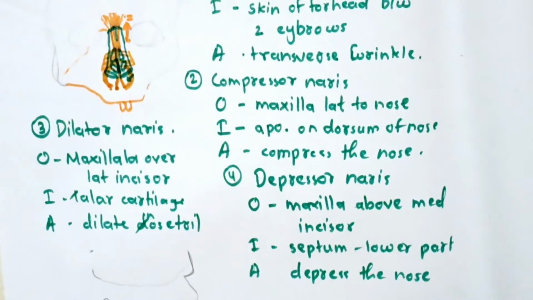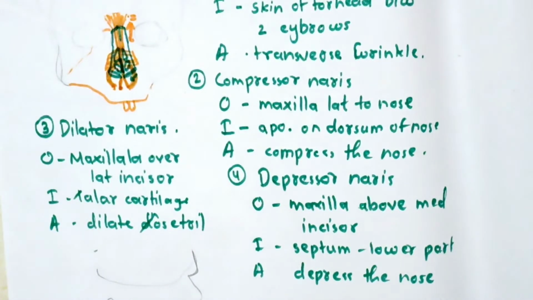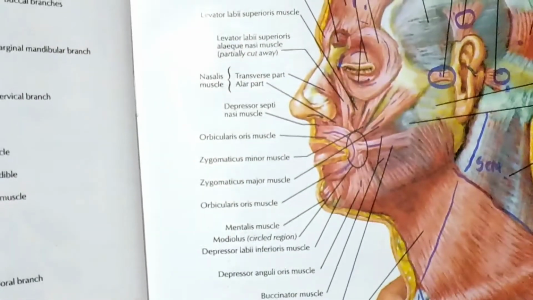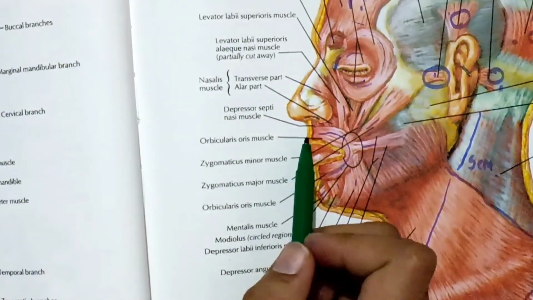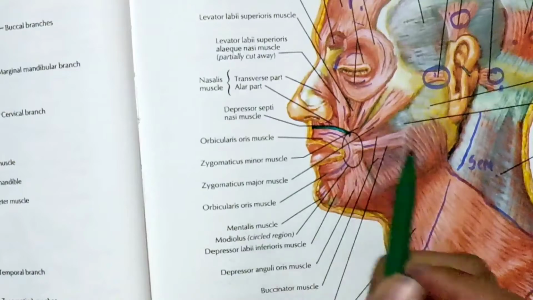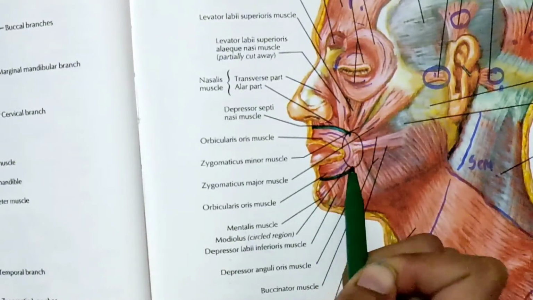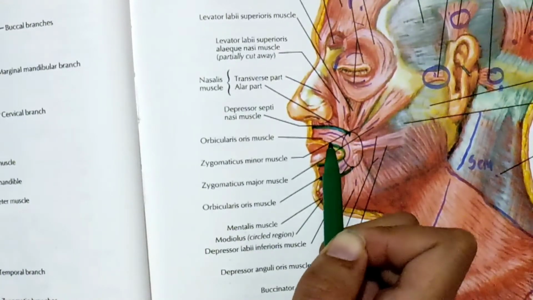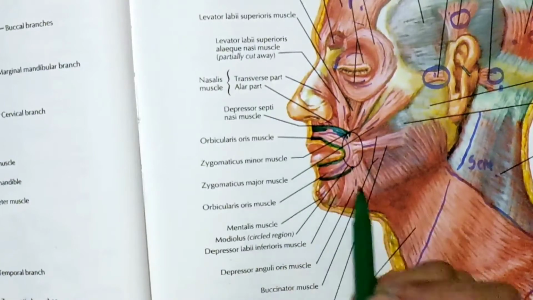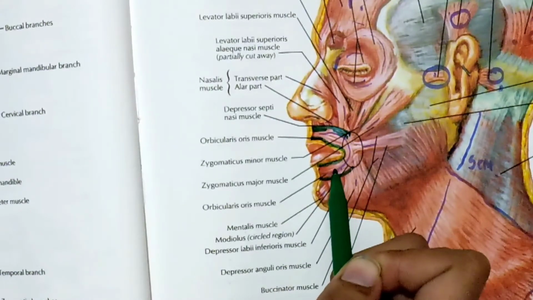First of all, let's see the orbicularis oris muscle. This muscle all around the mouth is the orbicularis oris muscle.